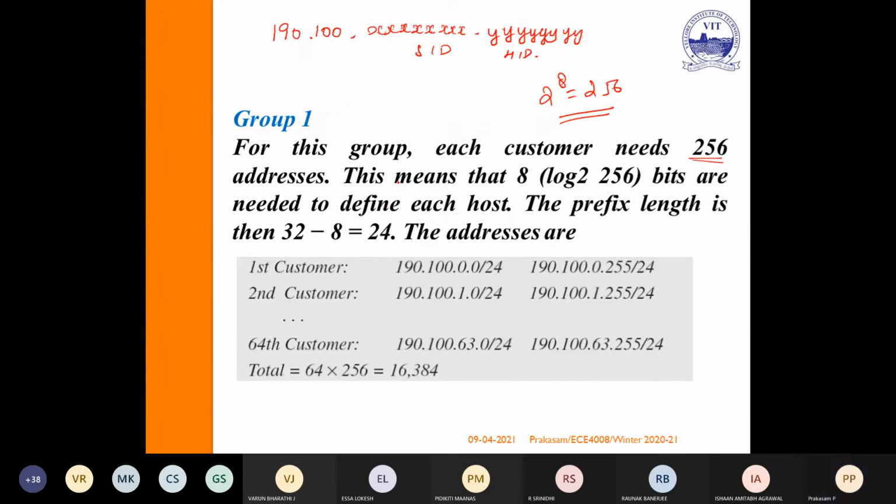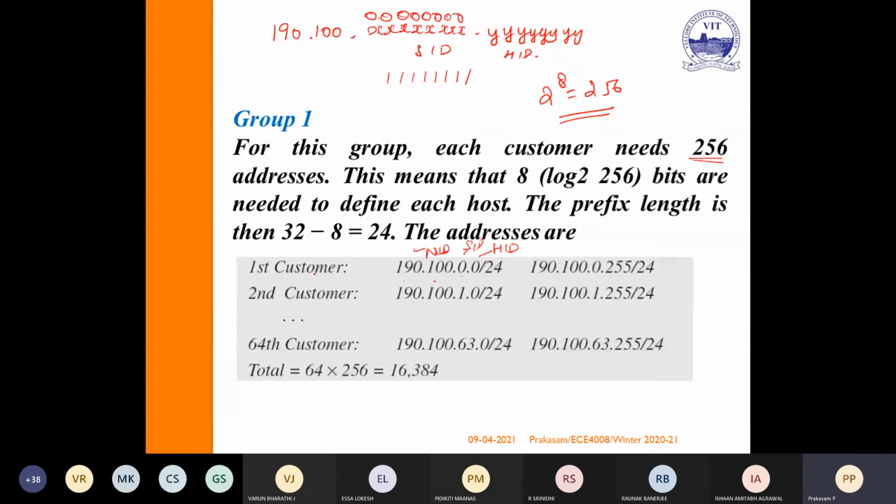So the subnet will vary from all zeros, 8 zeros, to 8 ones. Automatically it will vary from 190.100.0, because this is network, this is subnet, this is host.